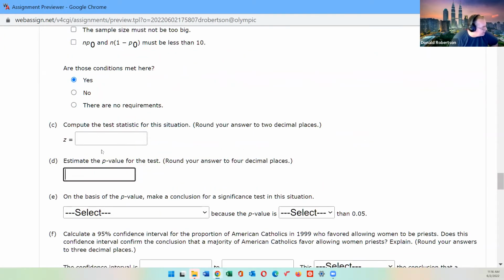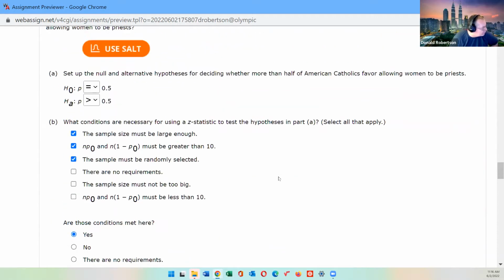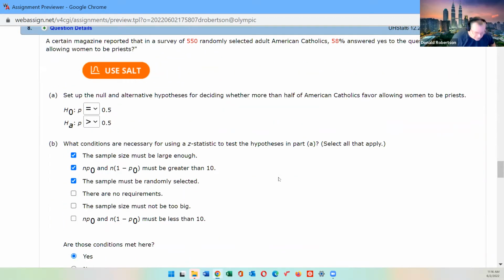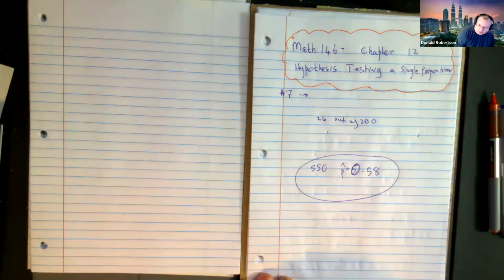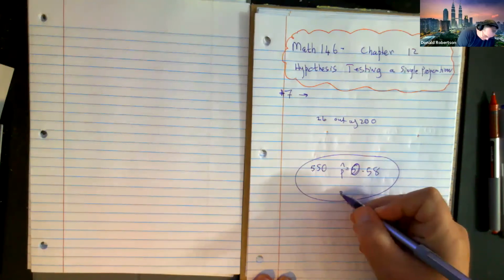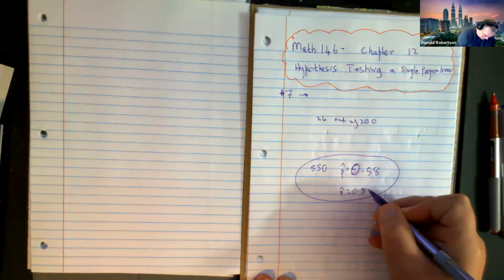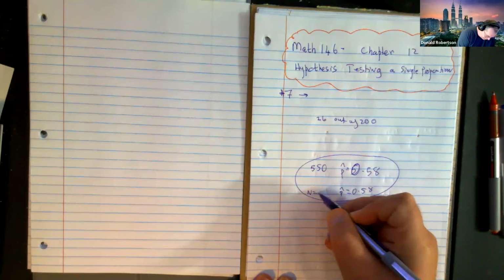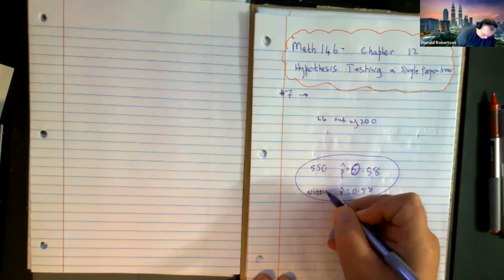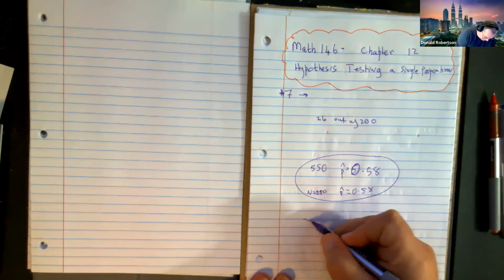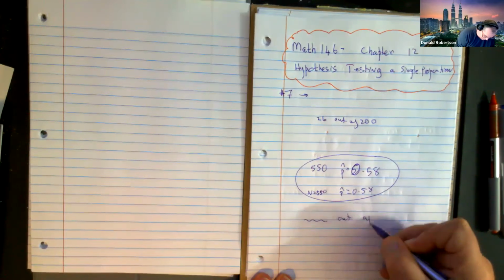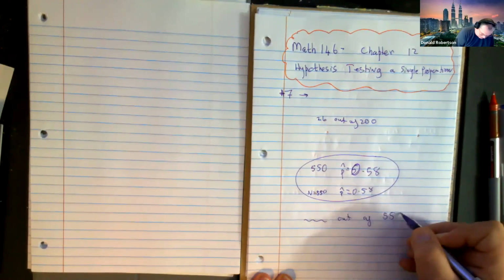Now, all these guys here are going to come from SALT. And do you remember what we had to do to make SALT work? Because sometimes the numbers they gave you aren't any good. They told us p hat was 0.58, and they told us that the sample size was 550. But don't I need a count out of 550, right?